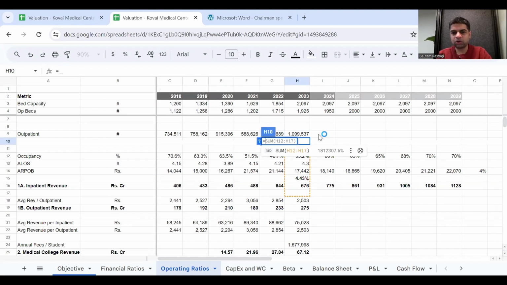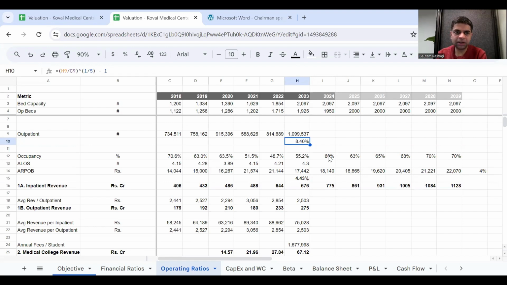So let's take a look at the historical growth rate for outpatients. It's 8.4%. What I'll do is assume that the growth is in line with history.